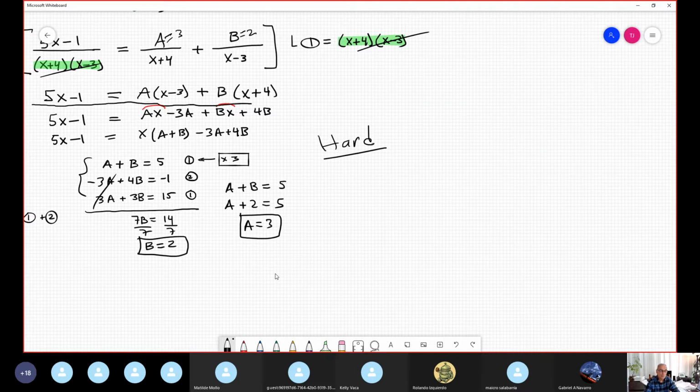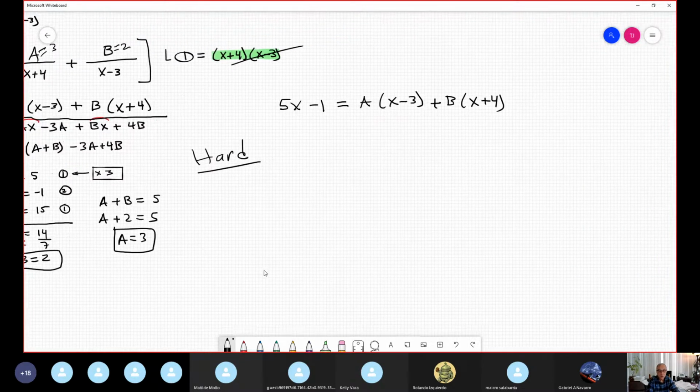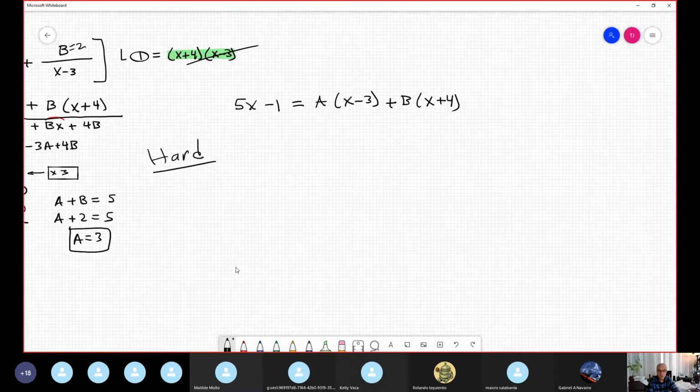I just copy this moment. 5x minus 1 is equal to a times x minus 3 plus b times x plus 4. In this moment, no distributive, no. You apply, for example, the frame value.